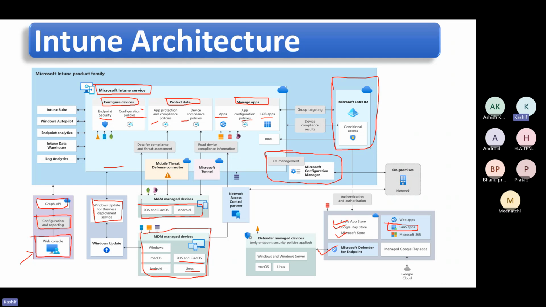Linux, you cannot deploy updates on Linux devices. There are various other things included in this, like Windows Autopilot, which I will discuss later on. Endpoint analytics, Intune data warehouse, log analytics. These are also included in this. This is a high level diagram which Microsoft has designed.